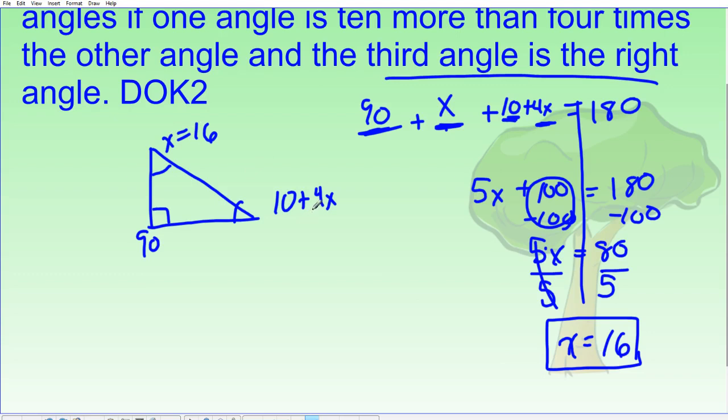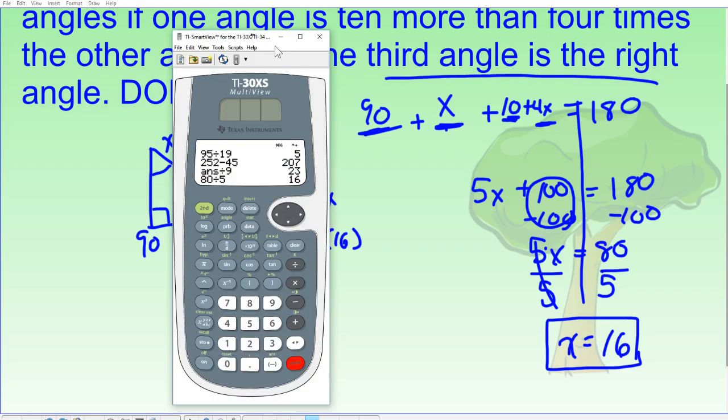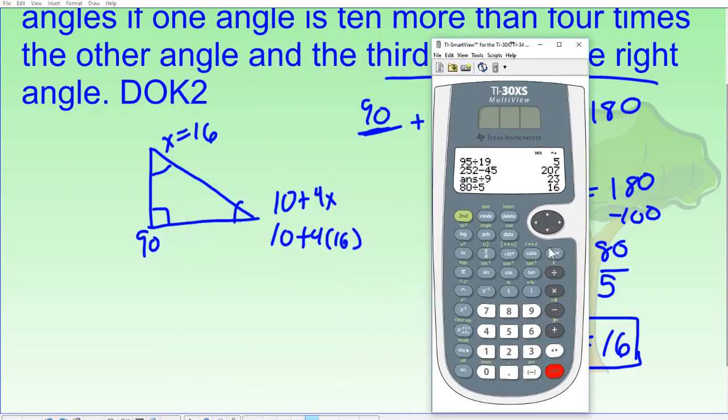But this guy over here, what is he? Well, I know he's 10 plus 4 times 16. So if I plug in 10 plus 4 times 16, and I do this math, order of operations says you should do the multiply first.